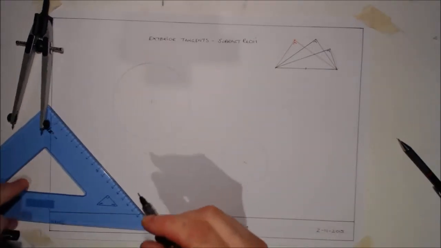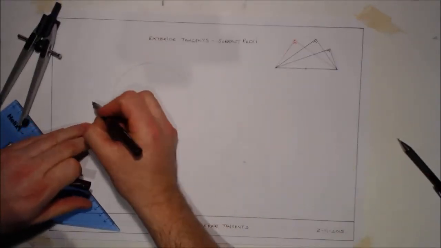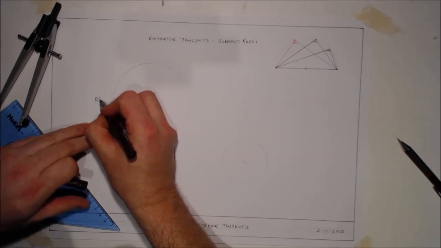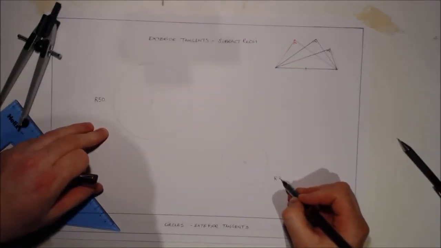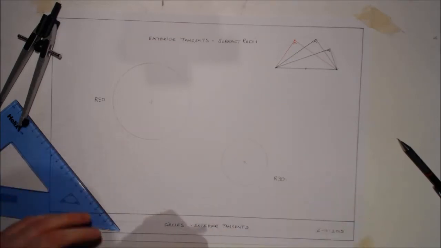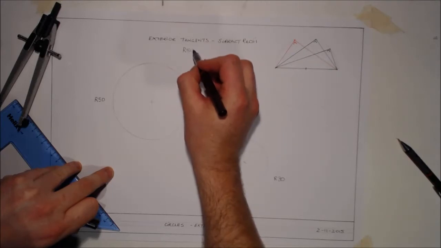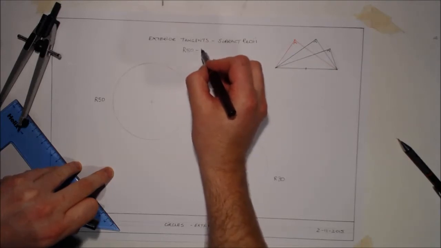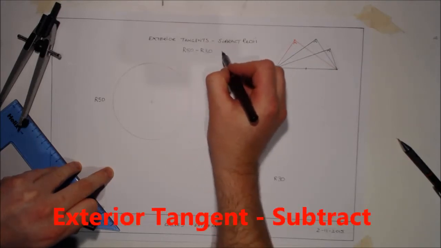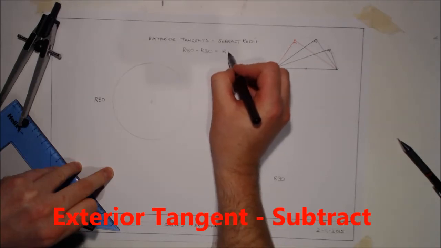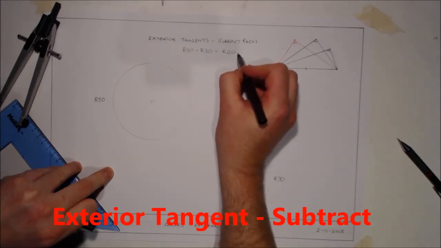So this circle here, the large circle, is radius 50. The smaller circle is radius 30. Okay, so radius 50 minus radius 30 is equal to radius 20.